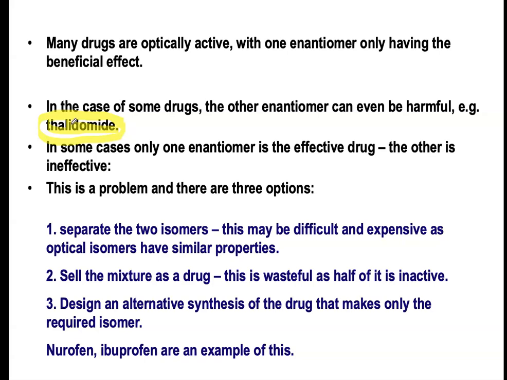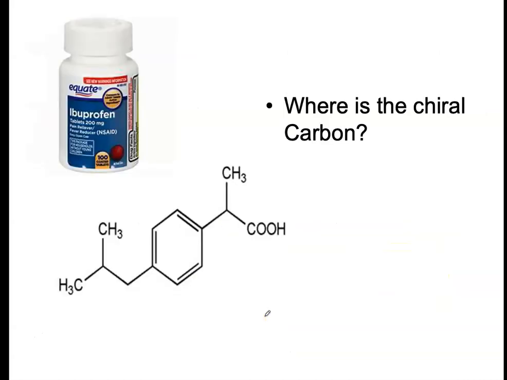They can separate the two isomers, and this may be difficult and expensive because optical isomers have similar properties. They can sell the mixture as a drug, but the problem with this is that it is wasteful because half of the drug could be inactive. And the third method, which is used in industry mostly, is to design an alternative synthesis of the drug that makes only the one required isomer. Good examples of these are Nurofen and ibuprofen.